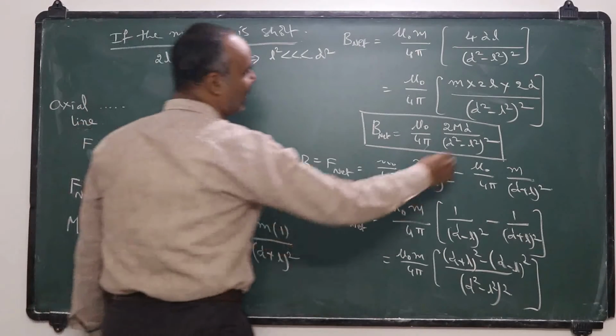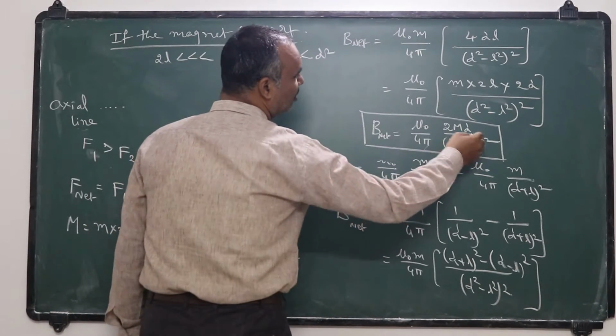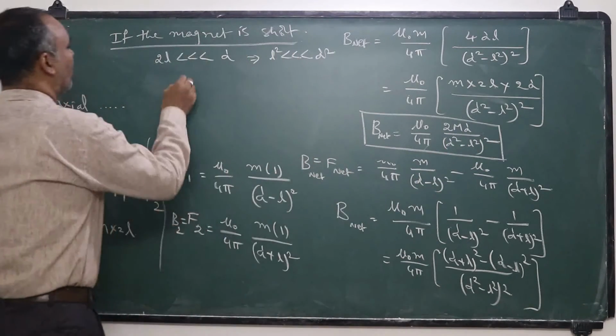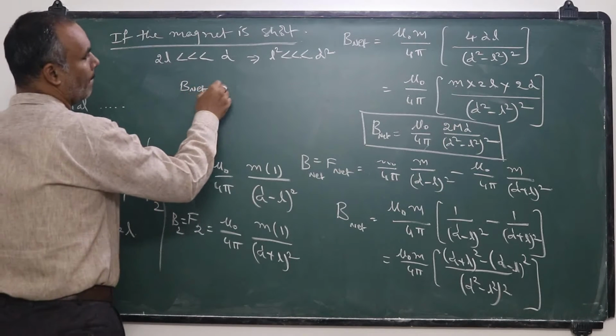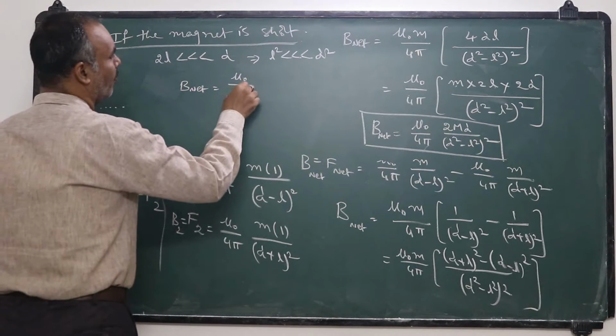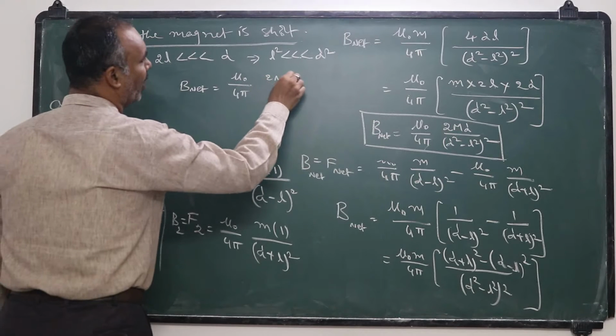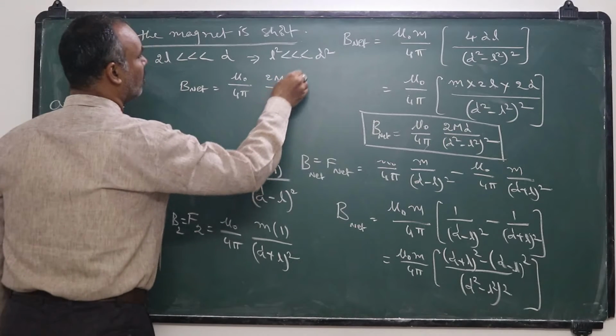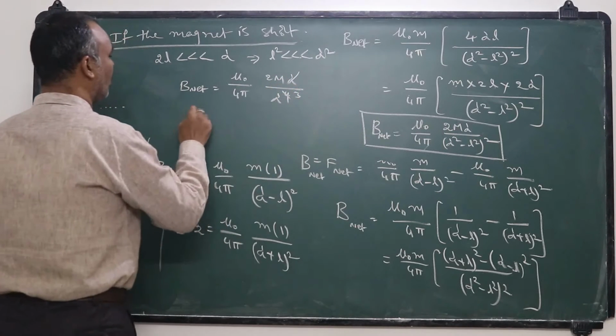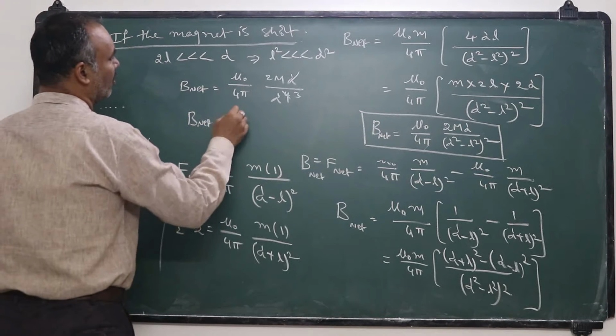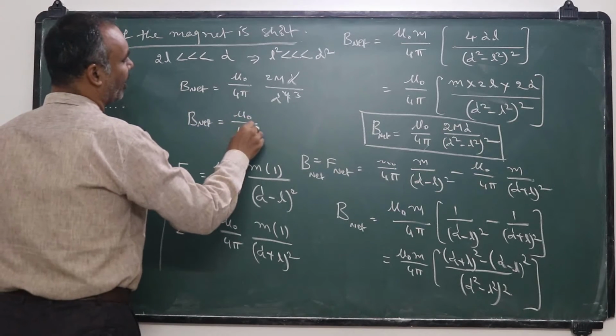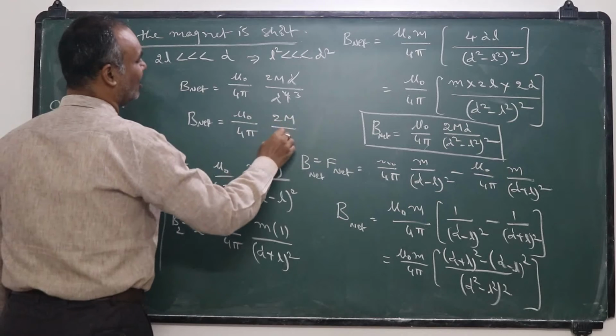On neglecting L square, the denominator becomes d power 4. So the net magnetic field is given by mu naught by 4 pi into 2Md by d power 4. One d cancels, leaving d cubed. So the net magnetic field due to a short bar magnet on its axial line is mu naught by 4 pi into 2M by d cubed.